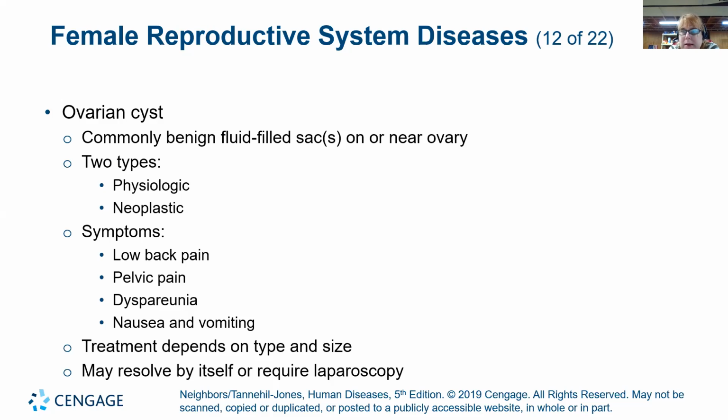It can become from a different type of cell, okay? Again, these will present with lower back pain, pelvic pain, dyspareunia, okay, which is again painful intercourse, nausea and vomiting, okay? Depending on the size and type of it, it may resolve itself or it may require removal by laparoscopy.